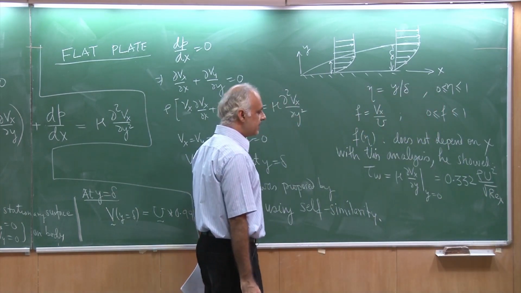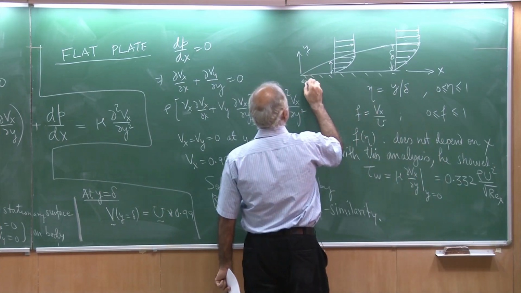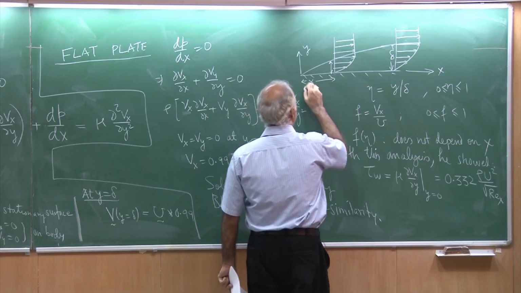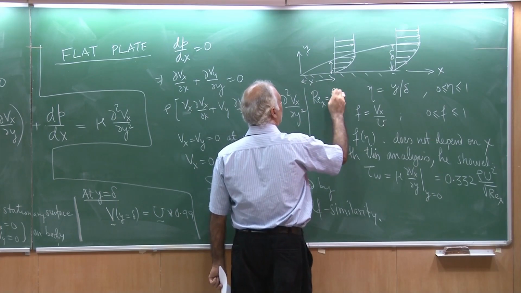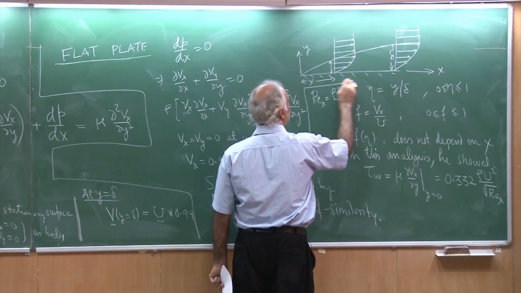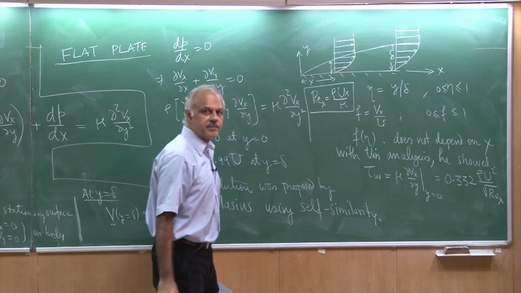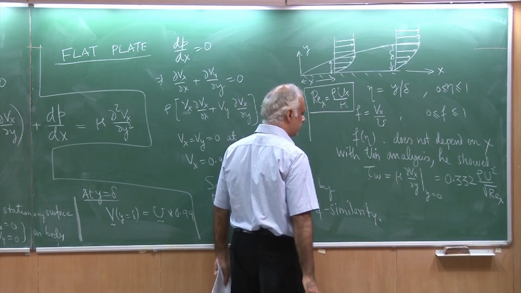So he defined a Reynolds number based on x, which means if this is my x, then I can define a Reynolds number x as rho u x by mu. And that's what he found the tau wall to be.